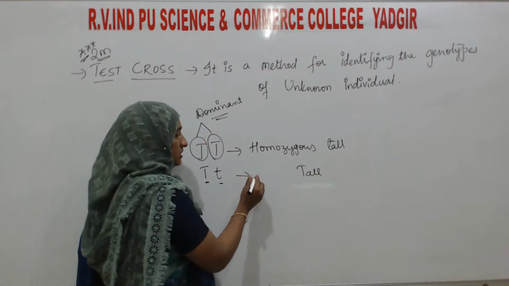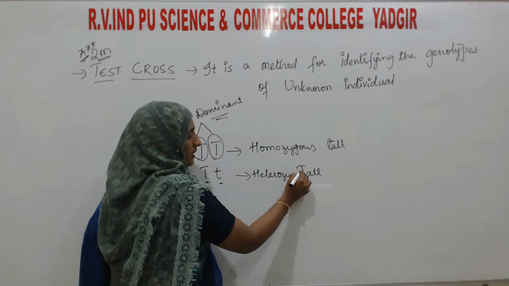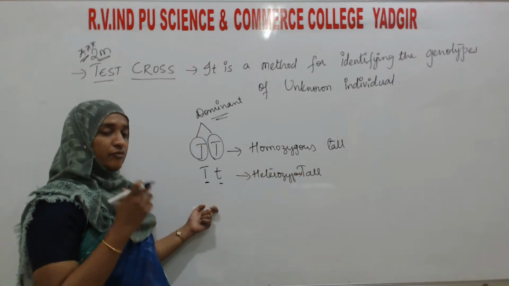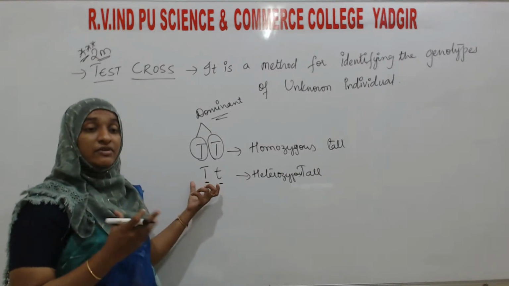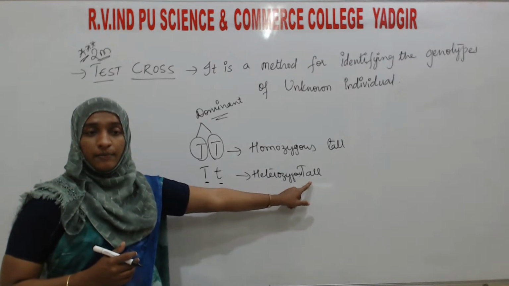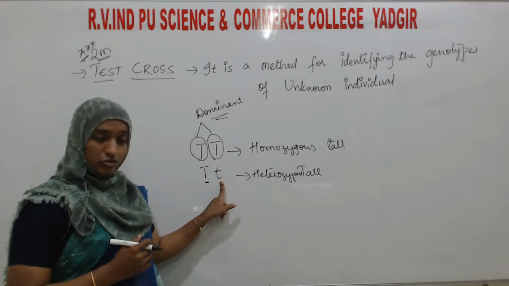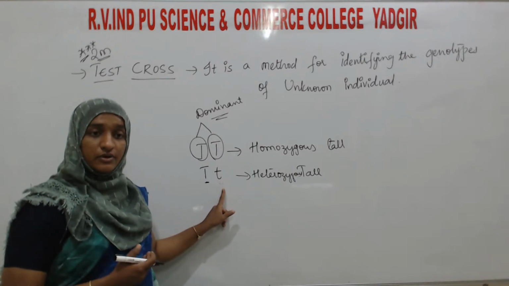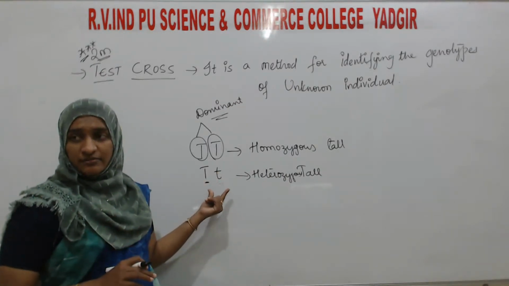The condition is heterozygous tall. Then how will we come to know why we are calling it tall? Because we can also call it dwarf, because it has small t. Yes, we can also say it as dwarf, because this particular allele has small t.